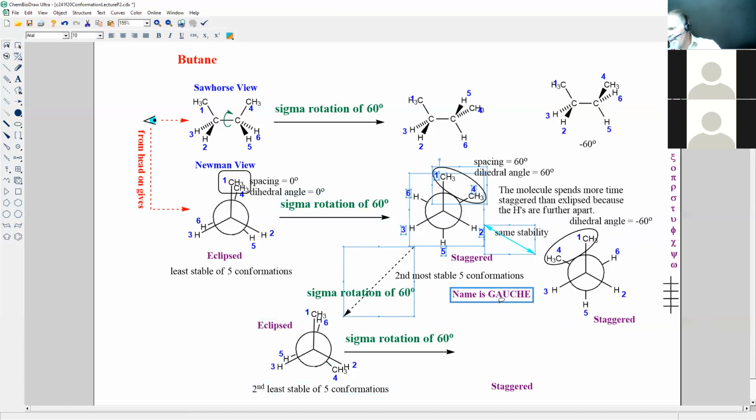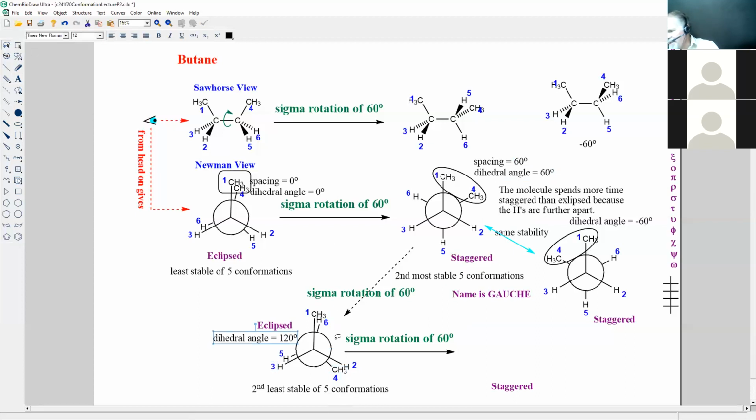So when I see, I didn't write the dihedral angle of my previous one, did I? What is the angle between the methyl groups in this one? We got the methyl here. What's the angle to the methyl here? Well, halfway is 60, all the way to there's 120. So 120 gave another eclipsed.